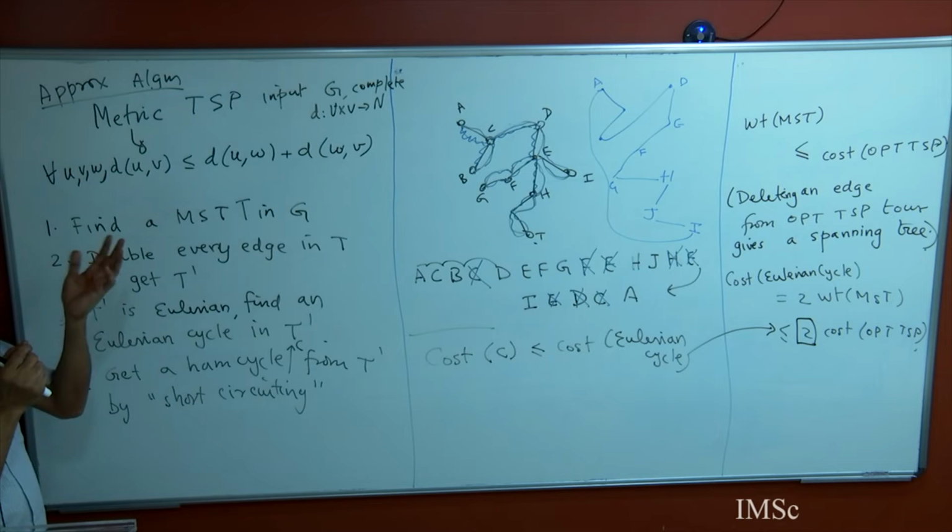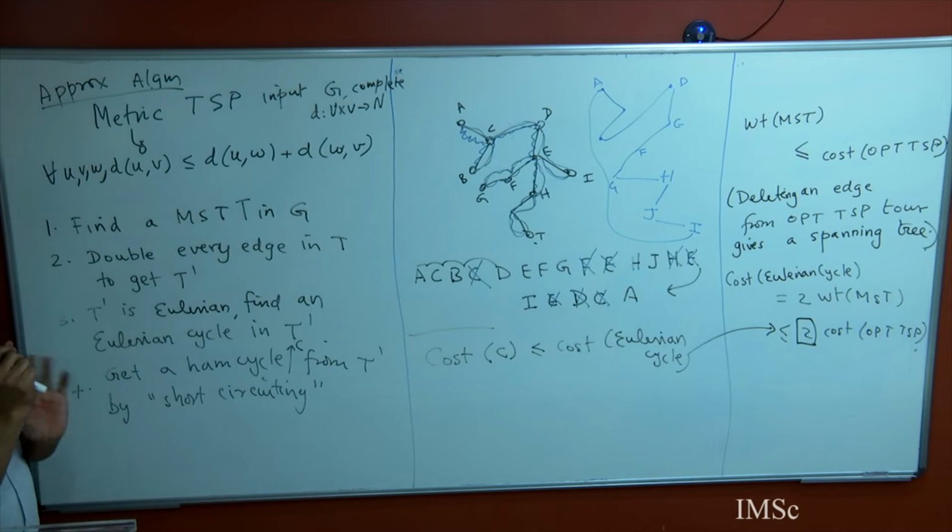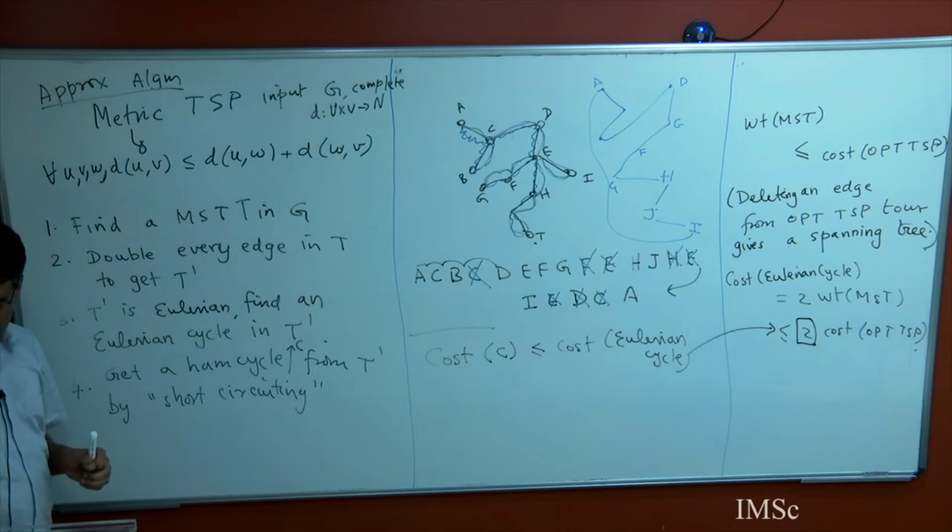So if somebody has even degree, why do you want to mess with them? The goal is to make every degree even, so just leave them alone and worry only about the odd degree vertices. The number of odd degree vertices will be even, and it is a complete graph. So what we will do is the following.